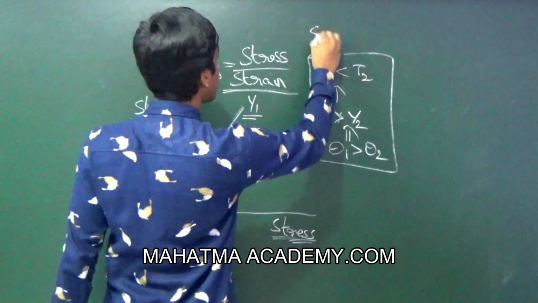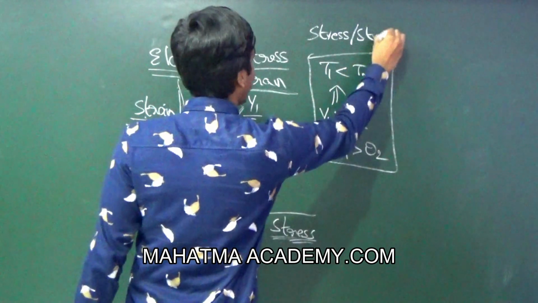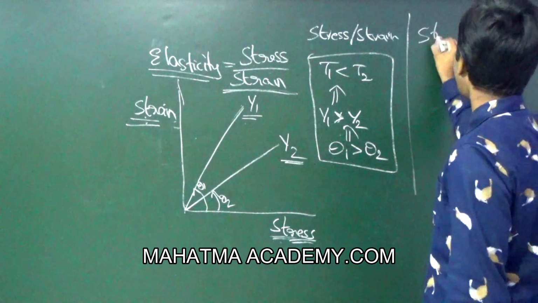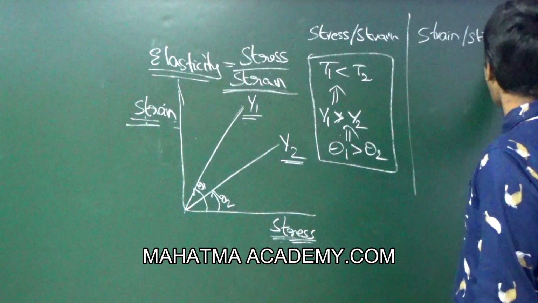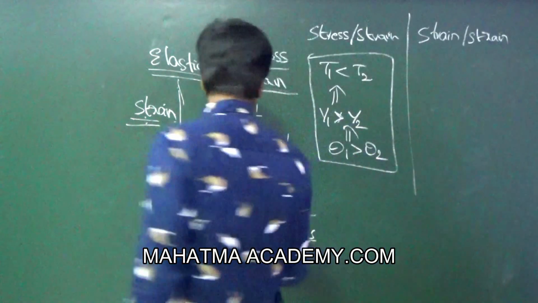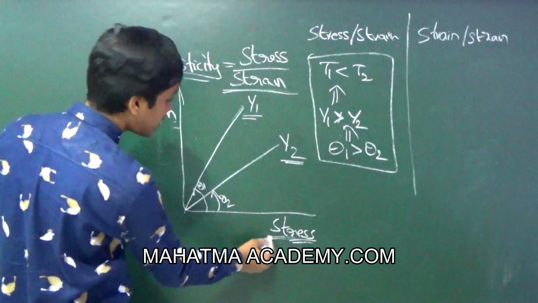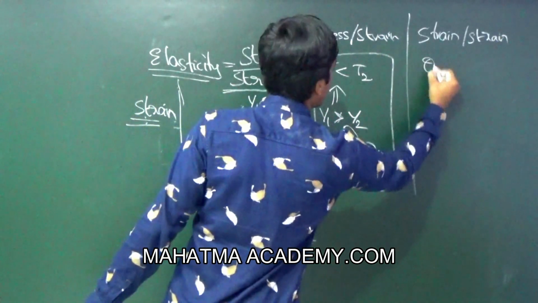This is for stress but strain. Now strain but stress. Here theta 2 is greater than theta 1 because stress is greater. Sorry, here theta 1 is greater than theta 2.